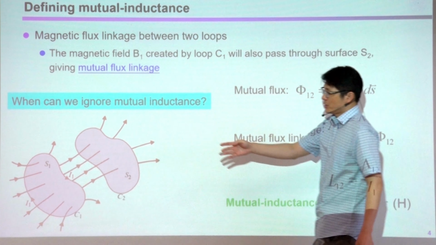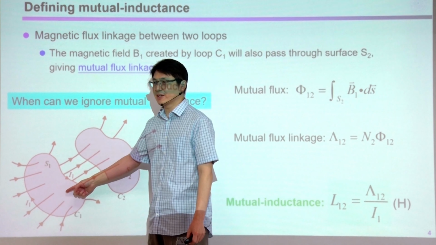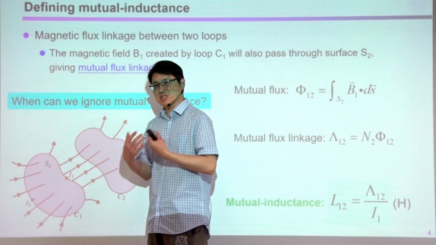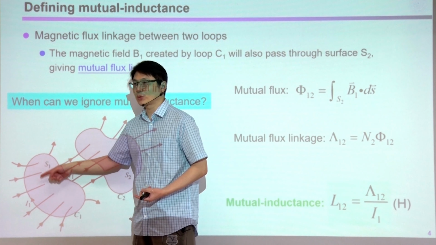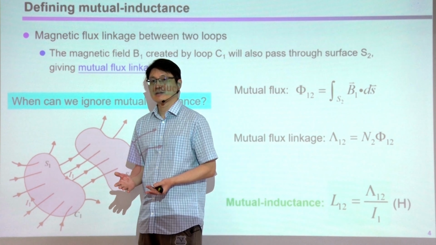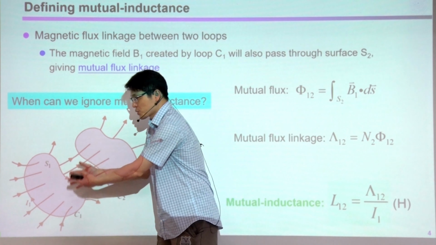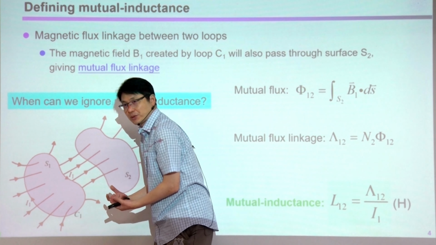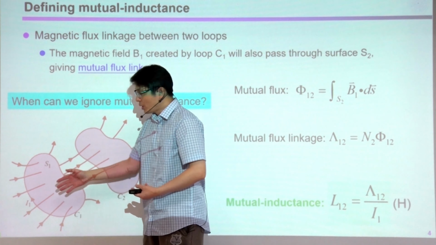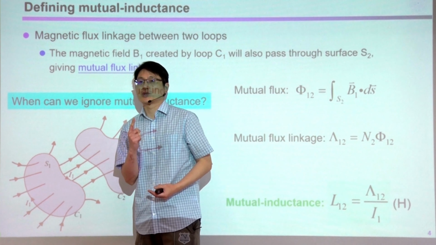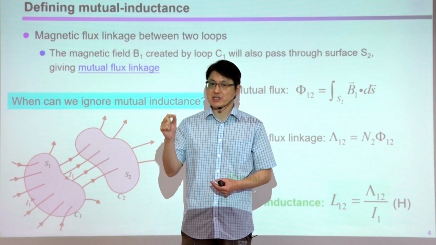Why? Because you generate the field lines. So the field lines you generated must cross your surface area. So whenever you have an operating loop, meaning you store energy in it, right? You always have field lines crossing your surface area. So therefore, you have self-inductance.